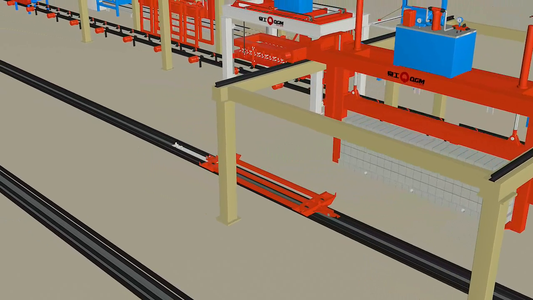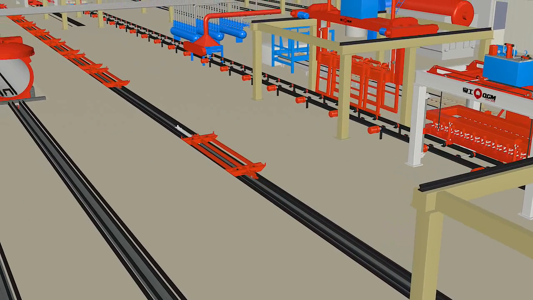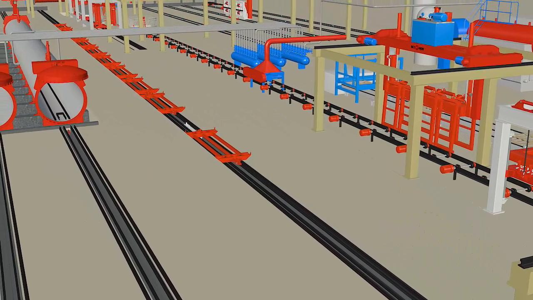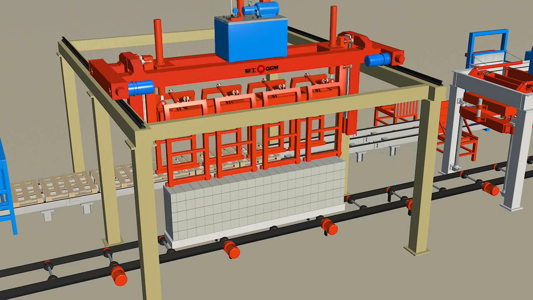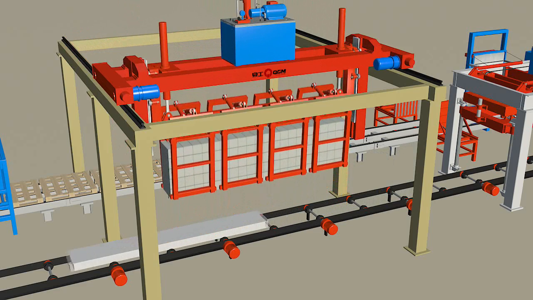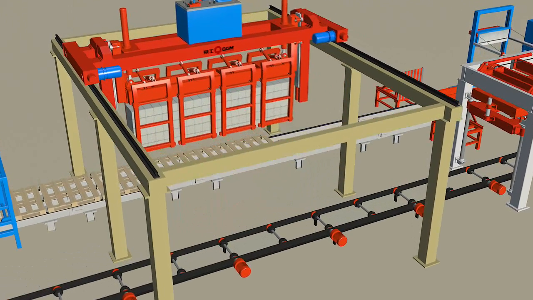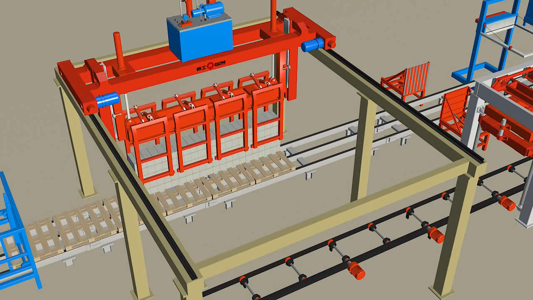The autoclaving car goes back to the front of the autoclaves through the orbit, waiting for the new cake. The separated blocks with the side plate will go to the crane of the finished products. The jig clips up the blocks and transports them to the wooden pallets on the chain conveyor.